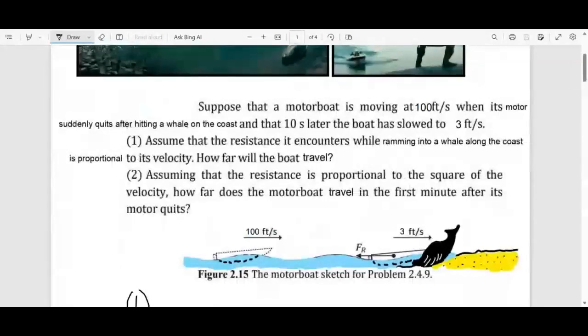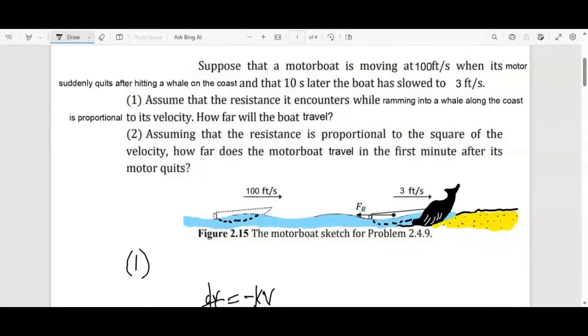Suppose that a motorboat is moving at 100 feet per second when its motor suddenly quits after hitting a whale on the coast, and that 10 seconds later the boat has slowed to 3 feet per second. Similar to Ryan's, it involves resistance. Assume that the resistance it encounters while ramming into a whale along the coast is proportional to its velocity. How far would the boat travel?